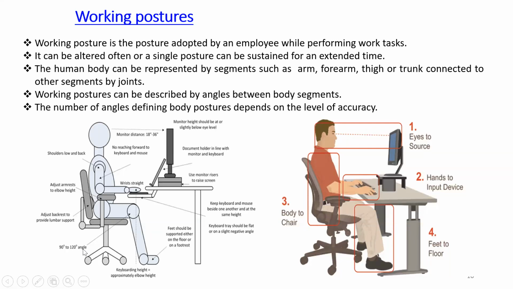Then a 90-degree or 120-degree angle should be maintained by the legs at these joints. And the foot should be rested on the ground. The feet should be supported either on the floor or on a footrest.